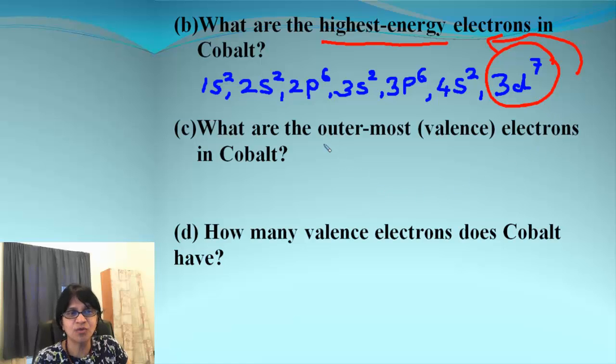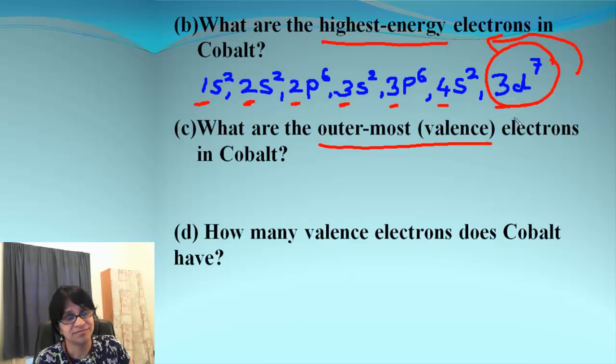The next question is, which are the outermost or valence electrons? For that, you have to be careful. You need to find out the principal quantum number for each sublevel which we have there. We have 4s2 and 3d7. 3d7 could be the highest energy level, but that is not the outermost because 3 is smaller than 4.